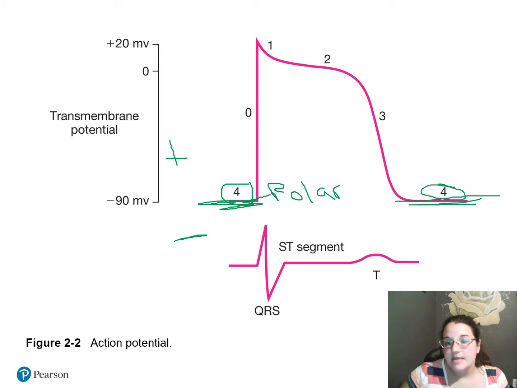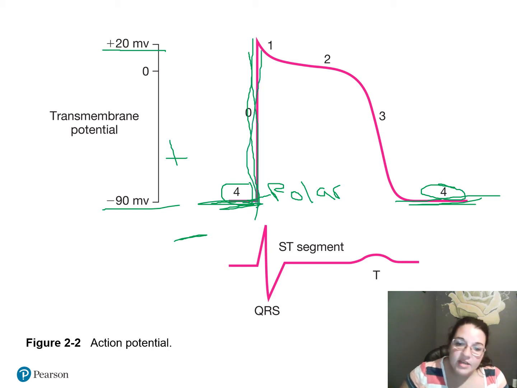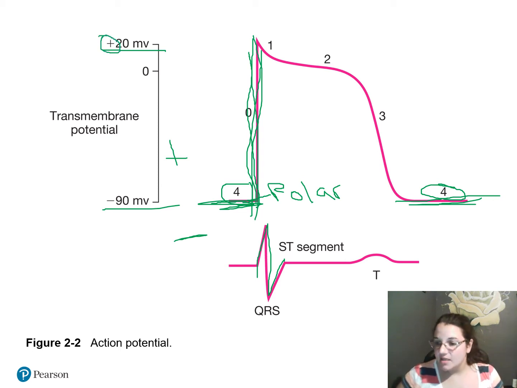Okay? But then look at phase 0. What happened here? I shot all the way up to 20 millivolts. And I was originally at a negative 90 millivolts. This is going to represent my QRS. Okay? When I shoot all the way up, I become positive, meaning my cell now has a positive charge.